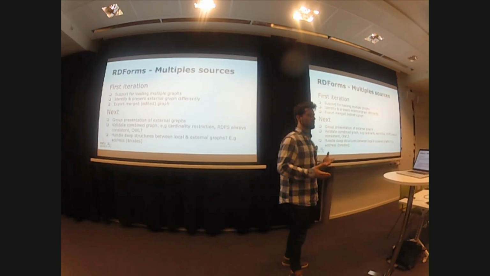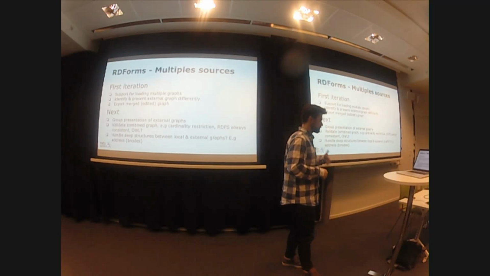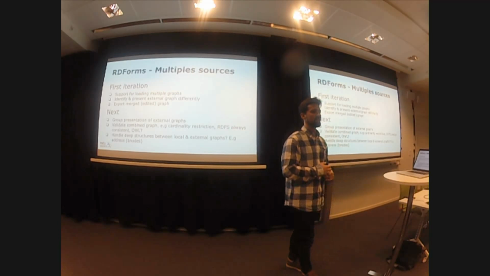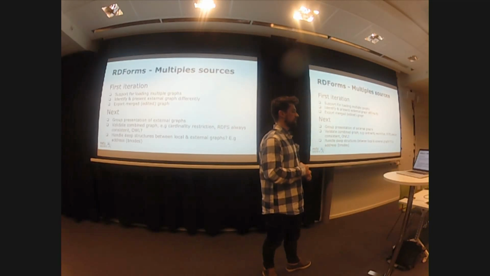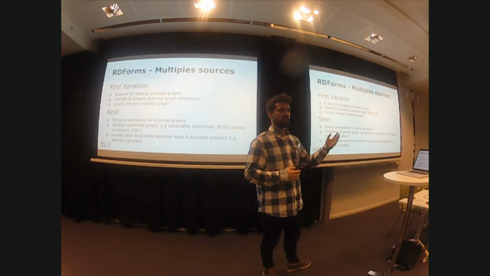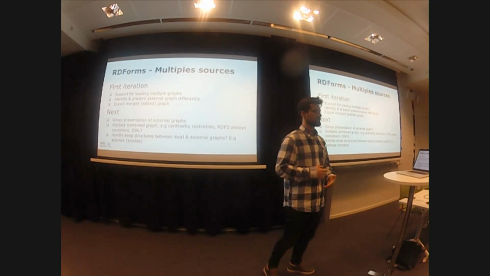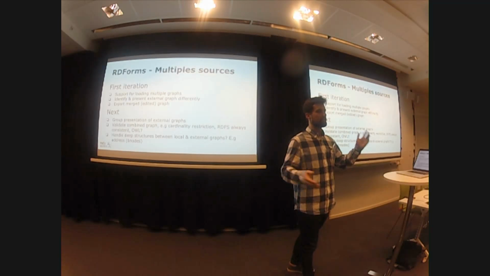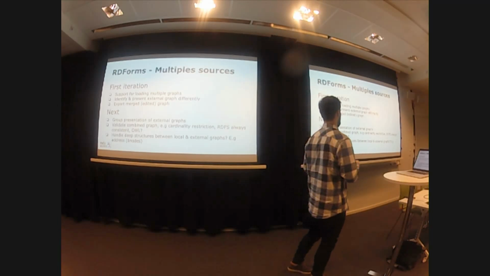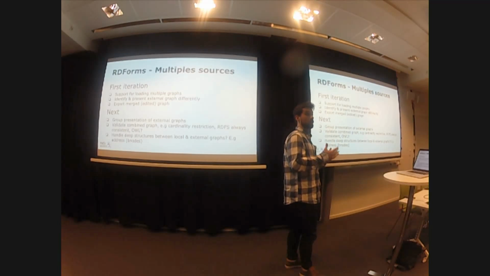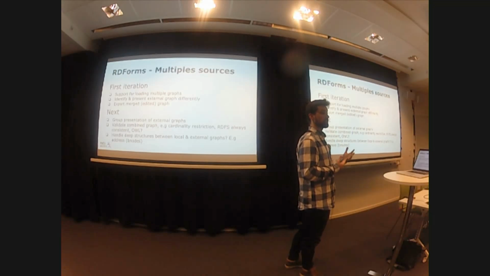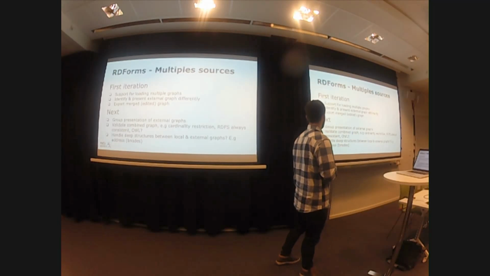We are always consistent. We are always asserting things about the world which are not clashing. But if you go to more expressive languages like OWL, then you might be in trouble. For example, you might have that Leonardo da Vinci is both a person and an airport, because the latter is referring to the airport in Rome. So then your form is not going to know what exactly it is presenting, an airport or a person.